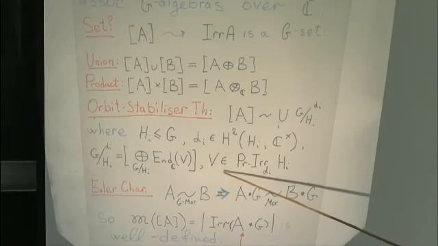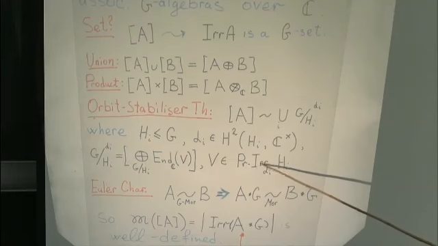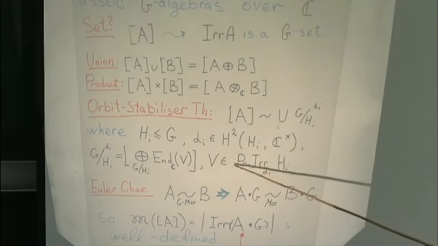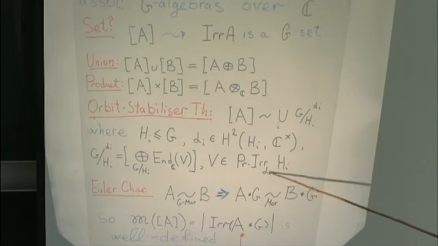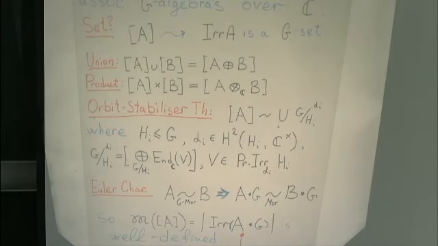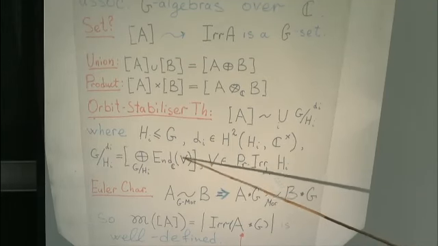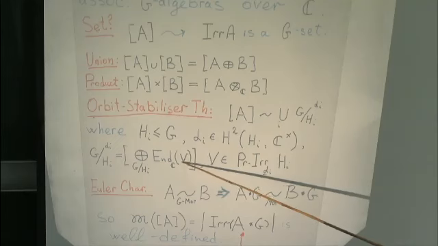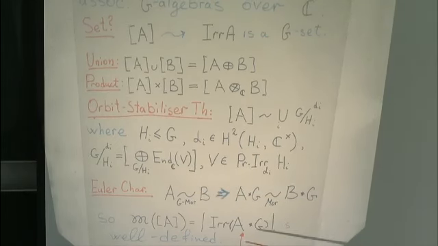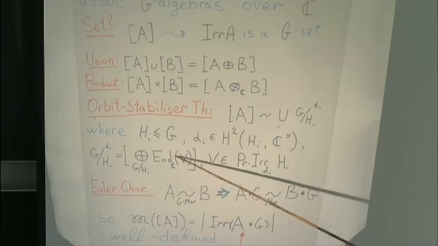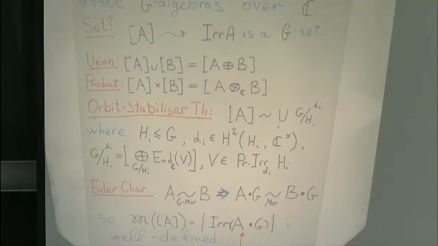I pick some representation V of H_i, but it's not linear, it's projective with respect to this element alpha_i. And I take a direct sum of endomorphism algebras of V, just linear maps, parametrized by the quotient set. So there is a natural action of G on this algebra, and this is my extended quotient set.